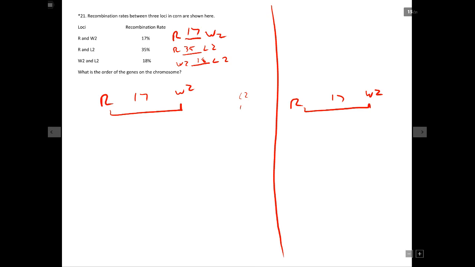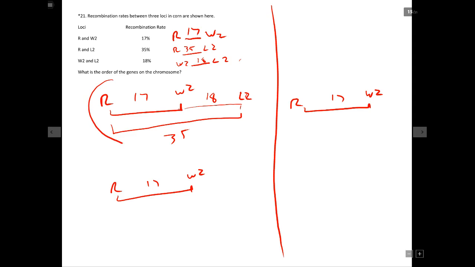Let's put this other option down here so I have more room. So over here L2 could be over here, because we know that R and L2 are 35 map units apart. If R and L2 are 35 map units apart, then this would be 18, which is W2, L2, and that's consistent with this. So this map is consistent with those numbers.